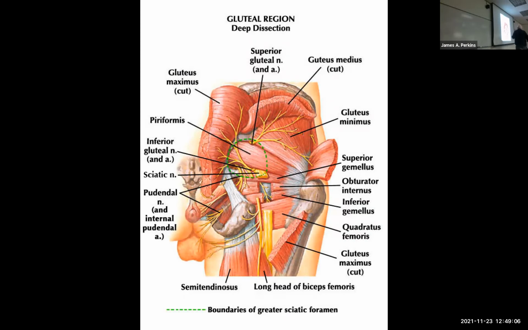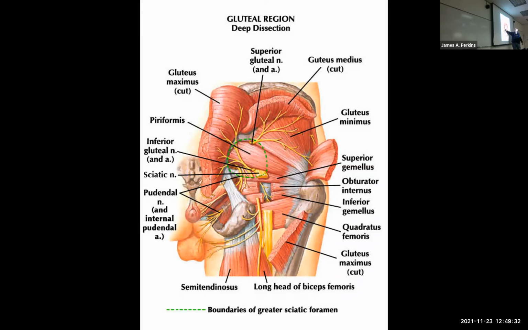So once again, in this illustration, the gluteus maximus has been cut and reflected, but when Netter painted this one, he painted the reflection of the gluteus maximus a little bit differently than the way we did it in lab. Here it looks like he cut out the middle of the muscle and left the origin and the insertion intact, which is different from what you did. The nice thing about it, though, is it allows you to more clearly see the innervation of the gluteus maximus.